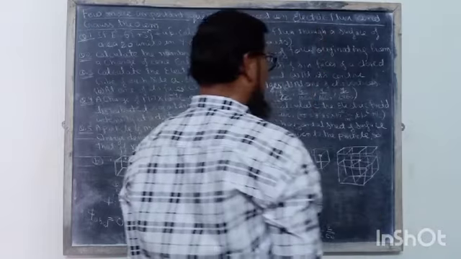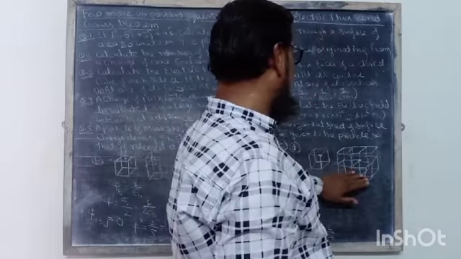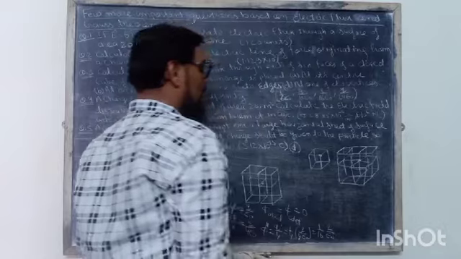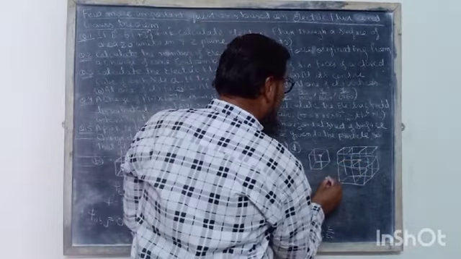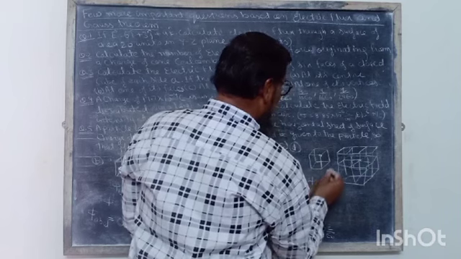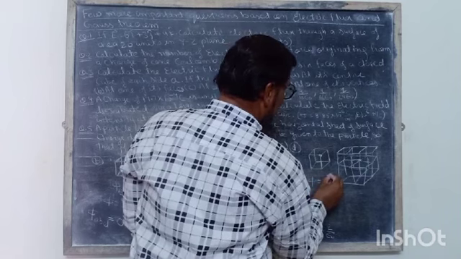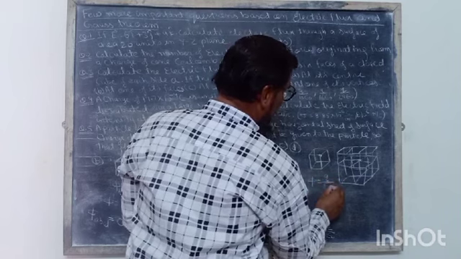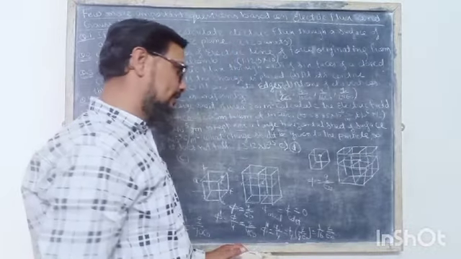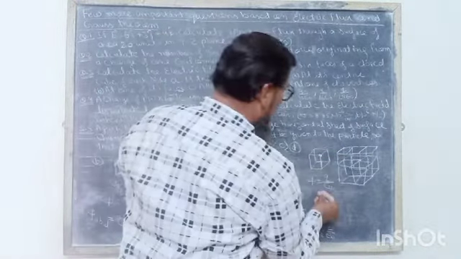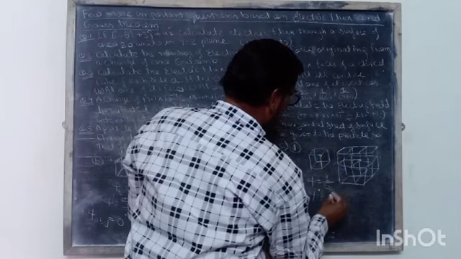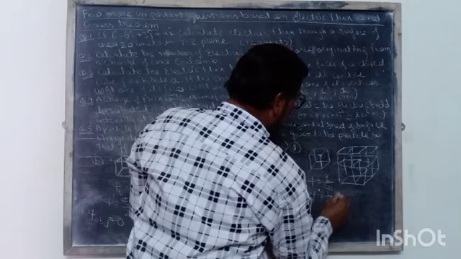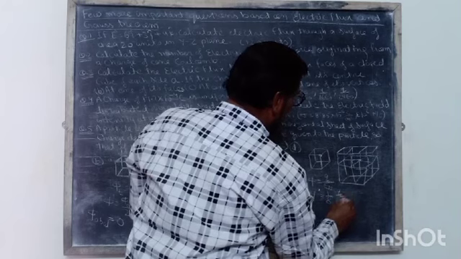So in this manner, there are 4 and 4, 8 cubes that completely cover the charge at the vertex. So the value of flux phi is equal to Q upon epsilon naught, and it is for the 8 cubes. And now for each cube, phi dash is equal to 1 by 8 Q upon epsilon naught.